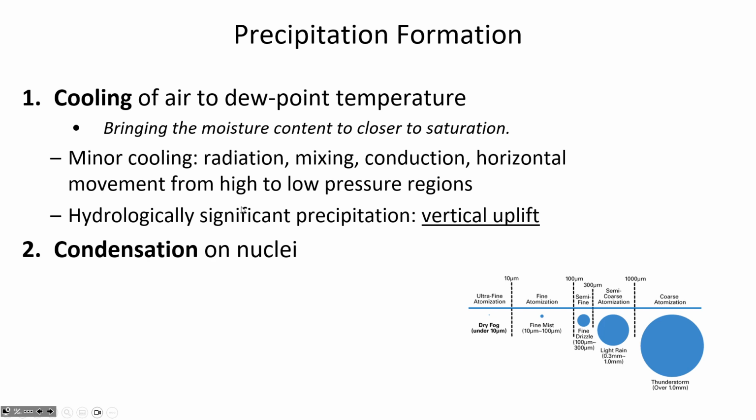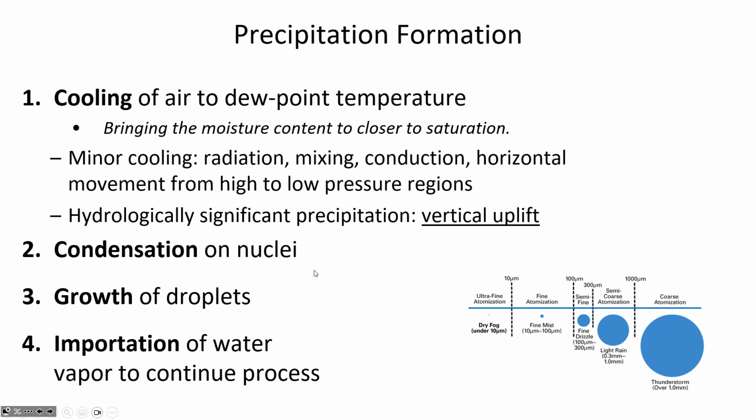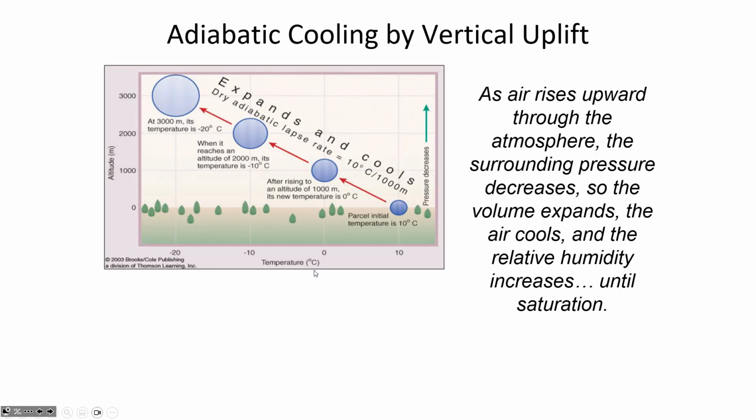So excess moisture has condensed on a nuclei of some sort, and the droplets grow from collisions, and the water vapor continues to increase the size of droplets as they fall down through the atmosphere towards the ground.